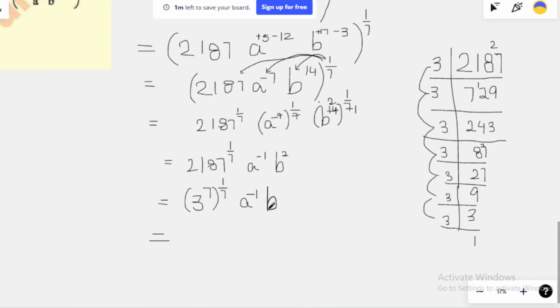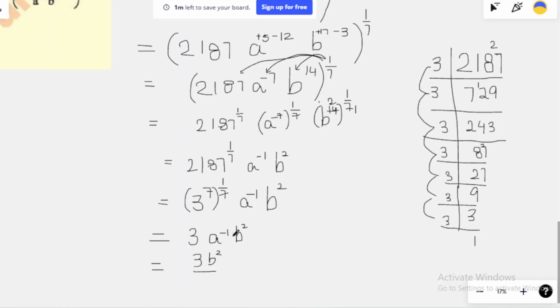to the power 2. So we do know this 7 inside and 1 by 7 outside will be multiplied, and when you have numerator and denominator multiplied similarly, they both get cancelled. So it will be 3 a raised to the power -1 b to the power 2. And in the question it was mentioned that our exponent should be positive.